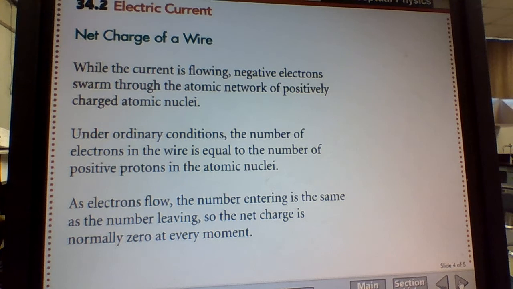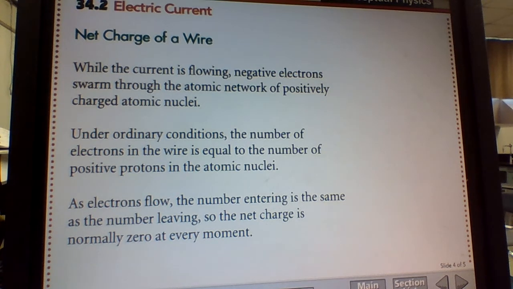And so under any ordinary conditions, the number of electrons in the wire is going to be equal to the number of positive protons that are there. Again, if one electron comes in on one side, it's going to leave on the other side. So if we look at the sum total of them, the positives equal the negatives. So as those electrons flow, we say that there is a net charge of about zero all the time.